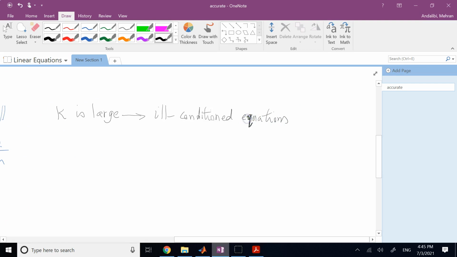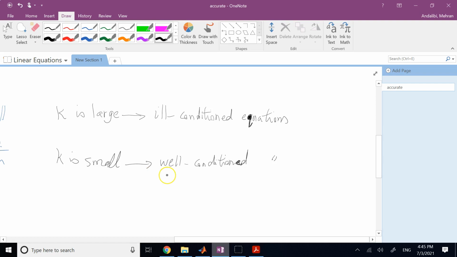And when kappa is small, we say they are well-conditioned. Well-conditioned means they are not so sensitive to a small change in parameters. Ill-conditioned means they are extremely sensitive.